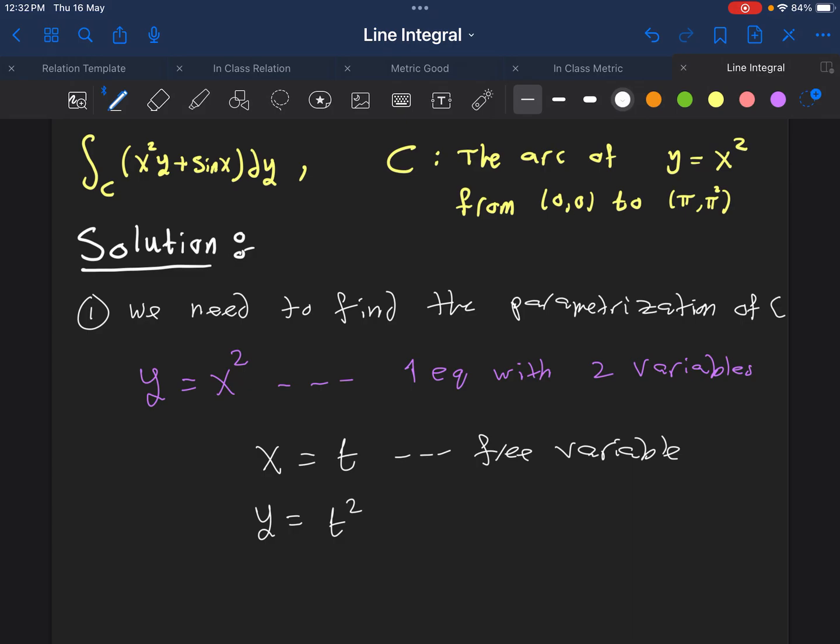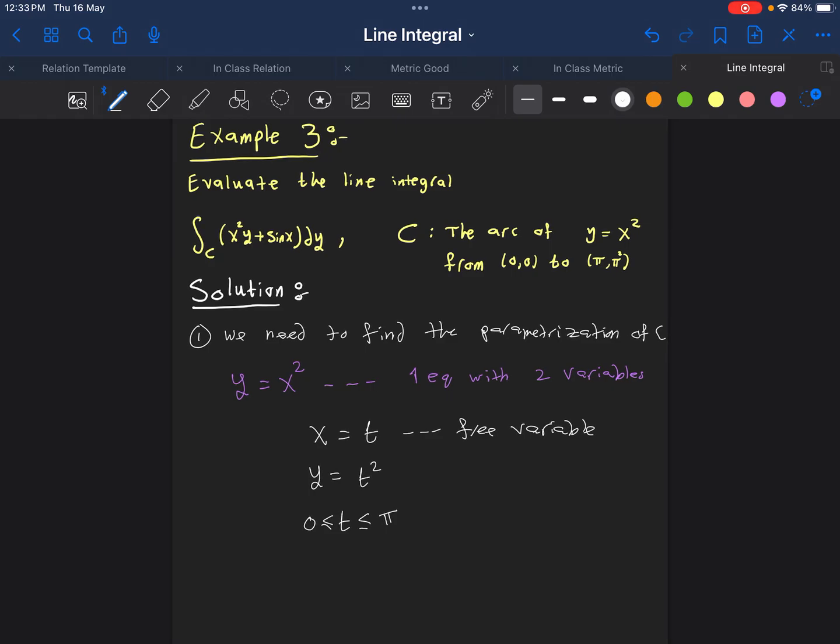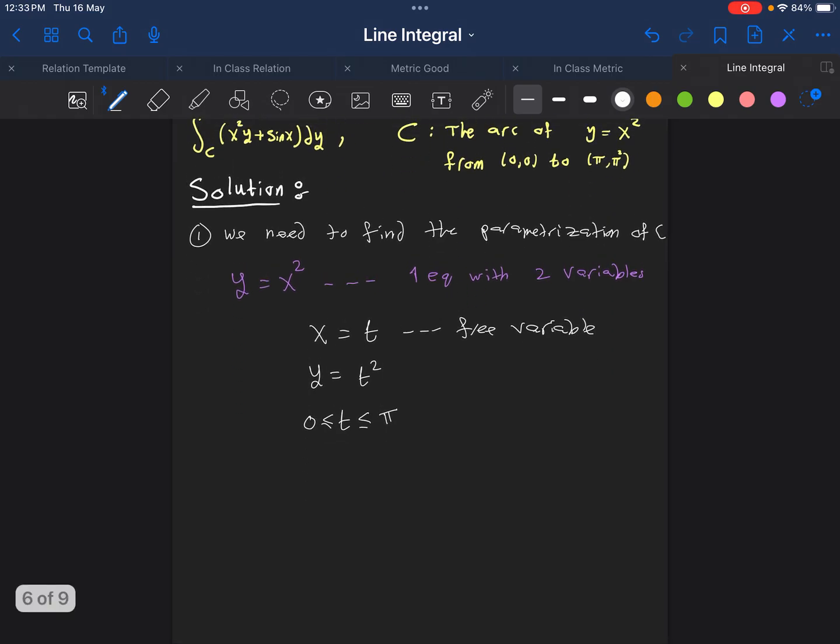And finally, you need to tell what t is from where to where. Of course, t is exactly x, and x is from 0 to pi. So this will be from 0 reaching pi. Now I have the parameterization, I have everything that I need to solve the question.